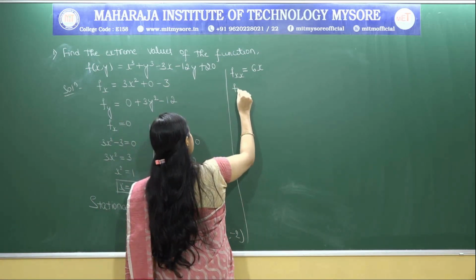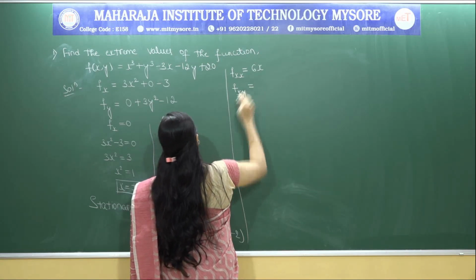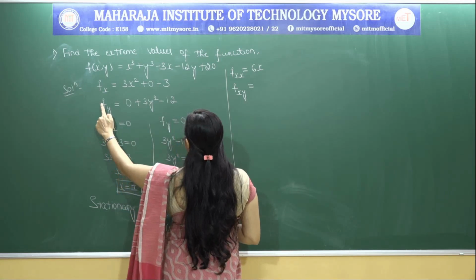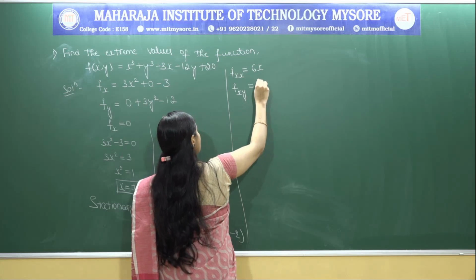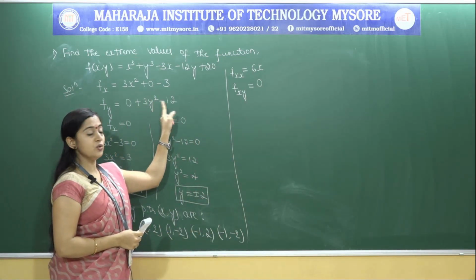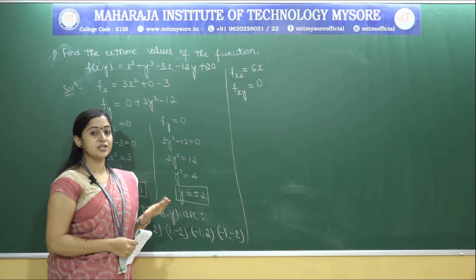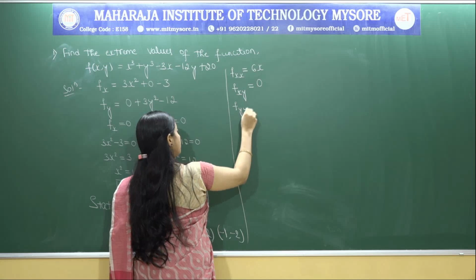Similarly, you differentiate the second part. Differentiate fy with respect to x, you will get 0, since for 3y² the differentiation with respect to x is 0, and 12, the constant term, the differentiation is 0. Next, differentiate fy again with respect to y.